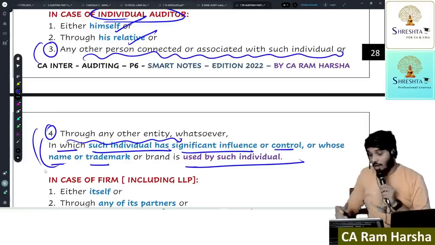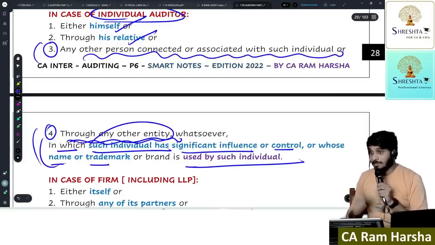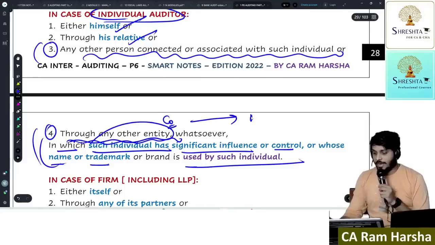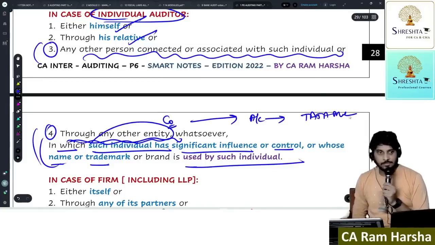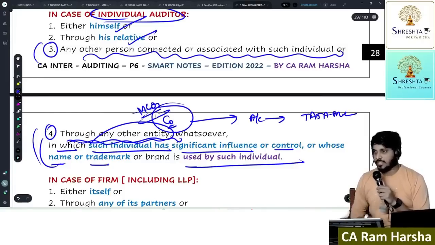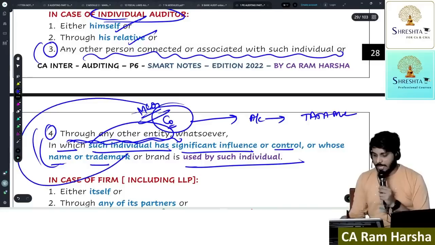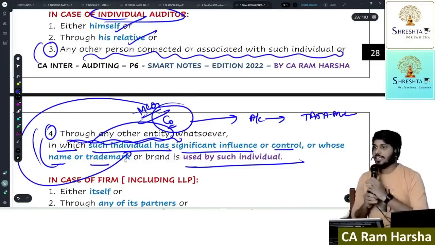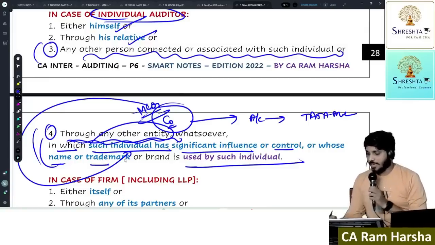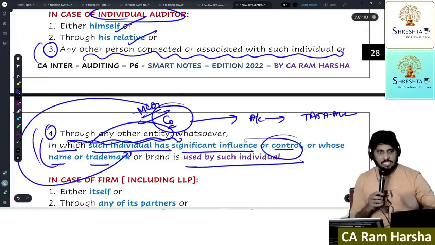Able to understand? Or some entity, for example a company. The company is providing accounting services to Tata Motors, where I am auditor. What is this company? Some management consultancy or other services company. In this company, the individual has 20% shares, or more than 50% shares.